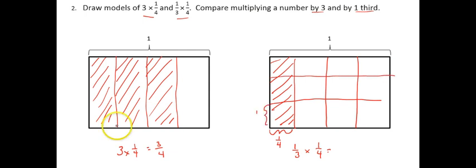This piece is 1/3 of the 1/4. I look to see how this piece relates to the whole, and I can see that it is one piece out of the 12 that make up the entire whole. So there's definitely a difference between 3 times 1/4. You can see how much of the whole is shaded compared to 1/3 times 1/4, which is a very small piece compared to the same whole.